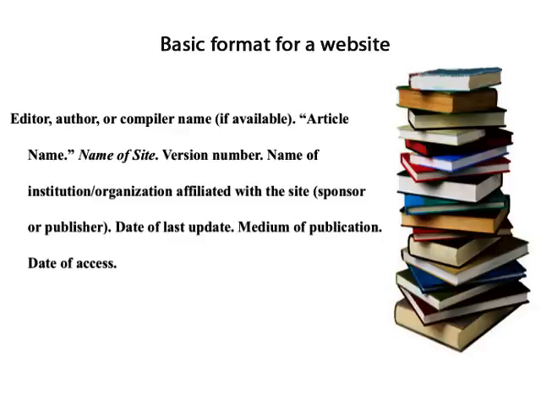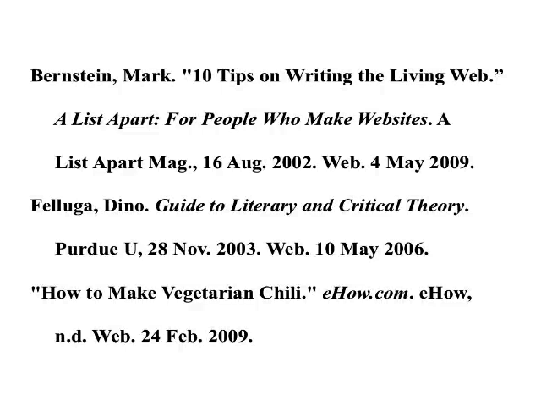Followed by that is the name of the site in italics, just like a book. The version number, the name of the institution or organization affiliated with the site, the date of last update of the site, which you can normally find in the bottom right hand corner, the medium of publication, and the date that you access the site. Here are some example website entries for a works cited page that you can look at.